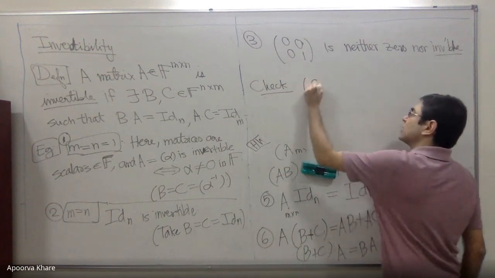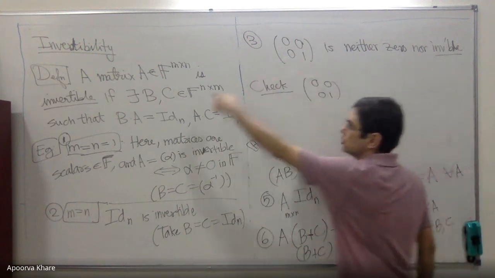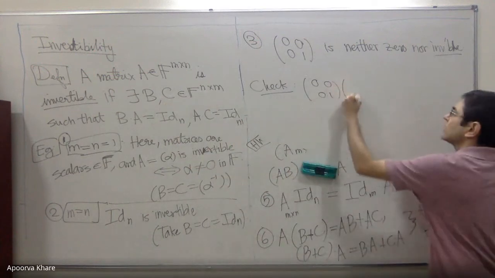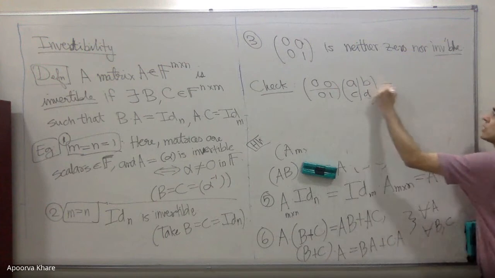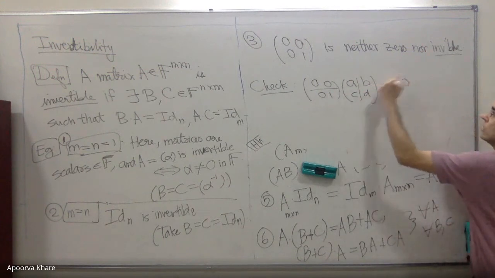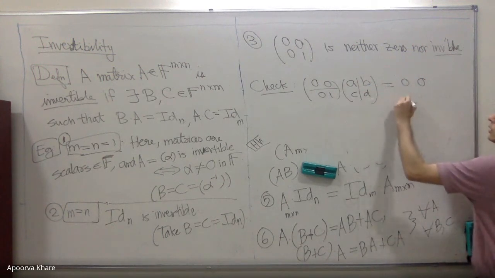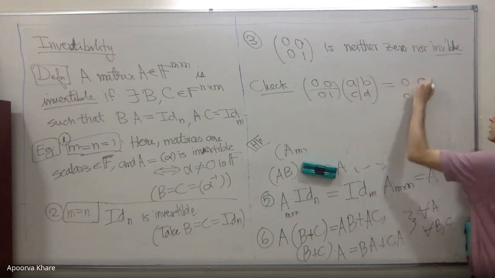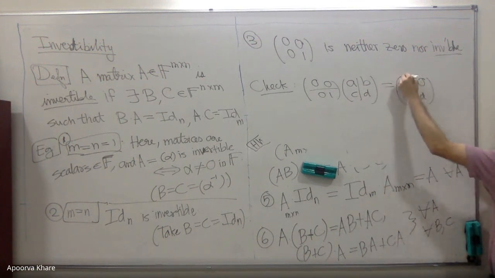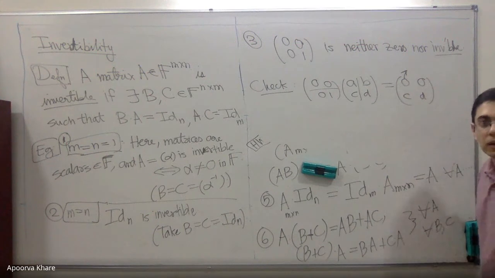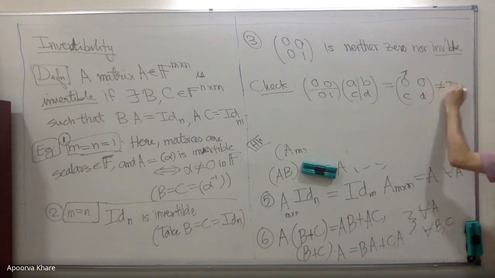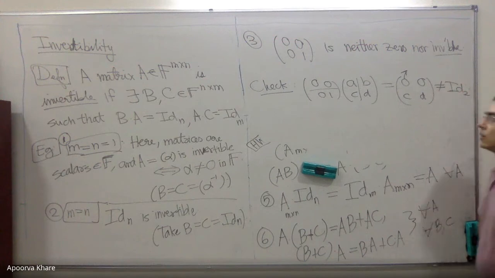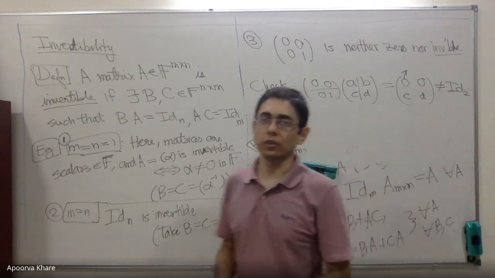If you multiply 0, 0, 0, 1, this is 2 cross 2, so you would want another 2 cross 2 matrix, let's say A, B, C, D. Can you ever get the identity matrix? Well, check. You get 0, 0, C and D. How can this be the identity matrix? Because this entry has to be 1. And by the field axioms, we know 0 is never equal to 1. So this is why this matrix is not invertible.